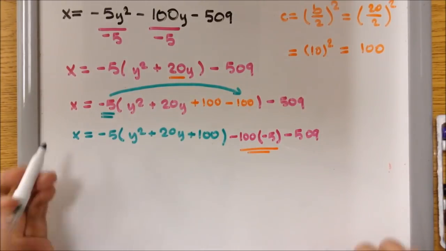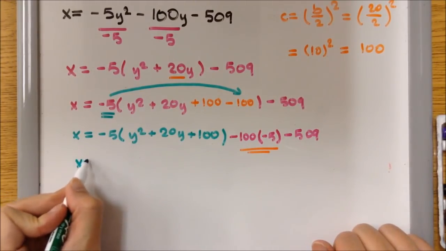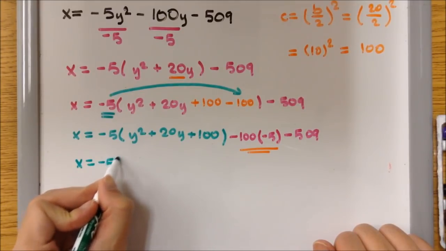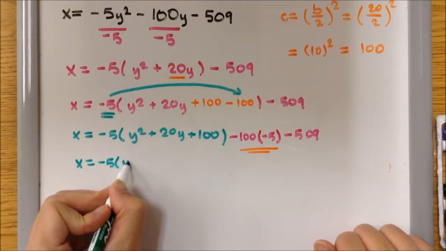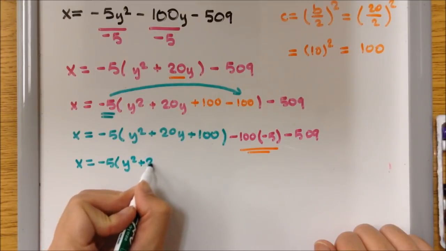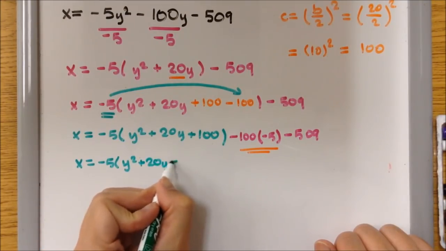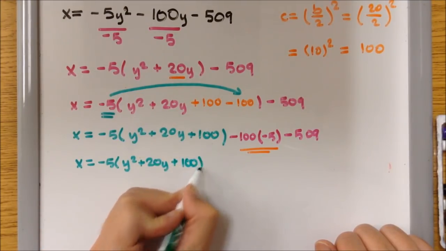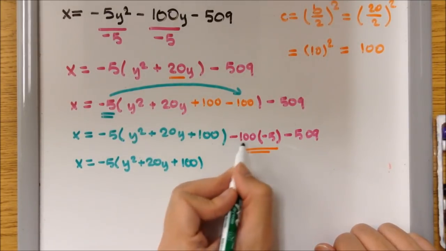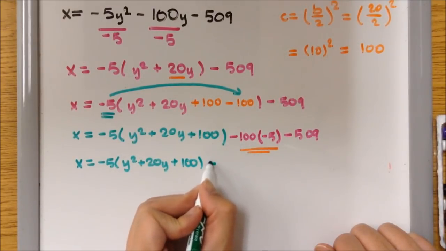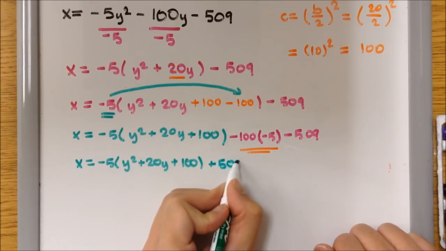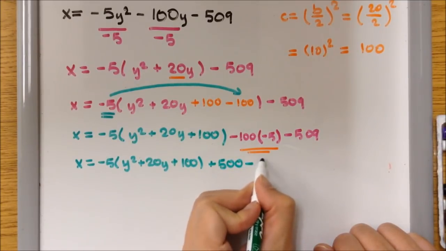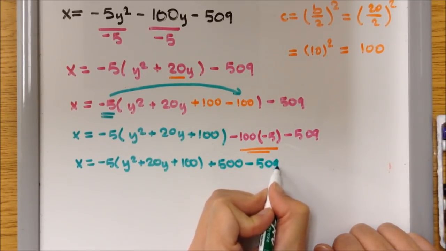So x equals -5 parenthesis y squared plus 20y plus 100. -100 times -5, that would be plus 500, minus 509.